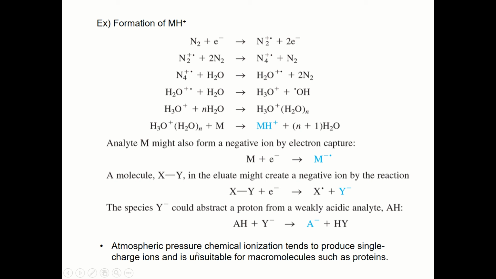Atmospheric pressure chemical ionization tends to produce singly charged ions and is unsuitable for macromolecules such as proteins. As you see, all the ions are singly charged.